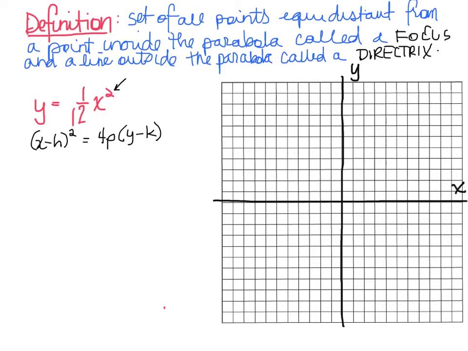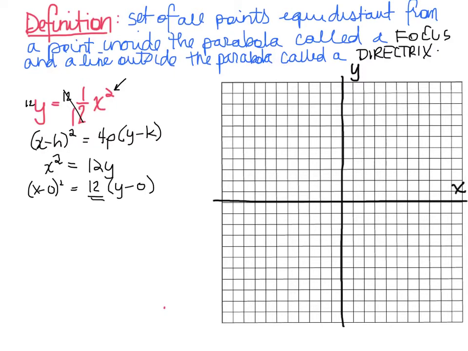So I have to get the x squared by itself. So this is x squared equals, and I'm going to multiply both sides by 12. That cancels, and I'm left with x squared equals 12y. So obviously this is x minus 0 squared equals 12 times y minus 0.